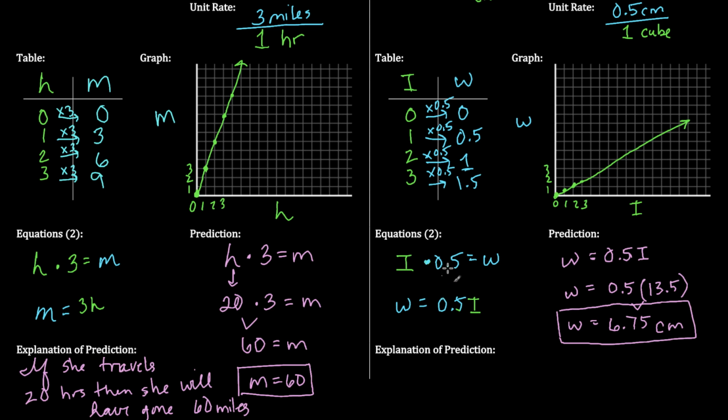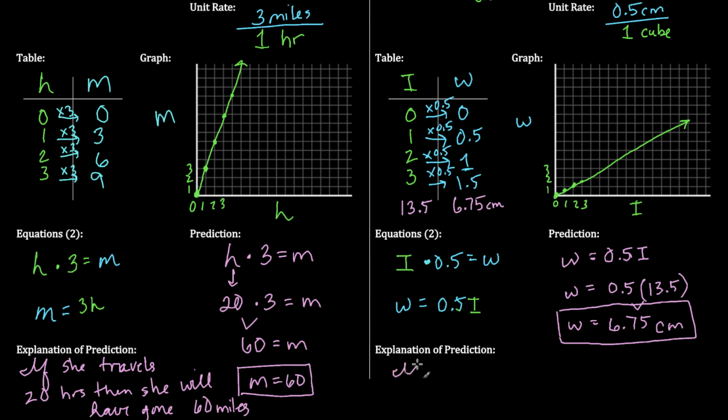Like I said, if you prefer to use the first equation, you can do it like that. If you prefer to use the second one, do it like this. So, and I know I didn't do it in the last one, but what I want you to do here is put that 13.5 would end up making it rise 6.75 centimeters. So that's my explanation.